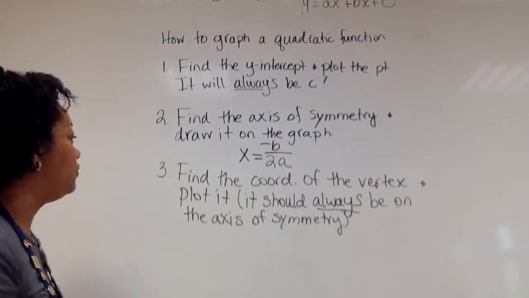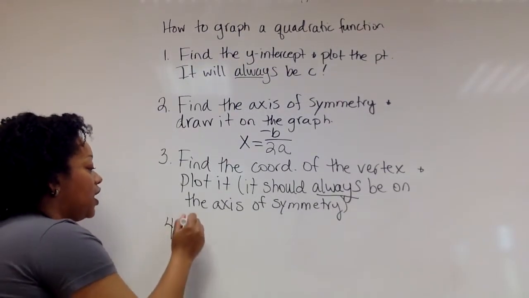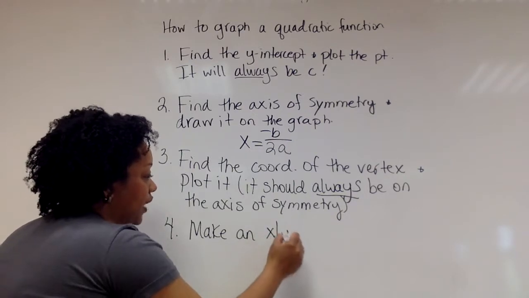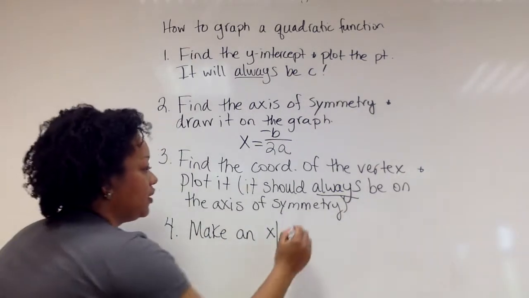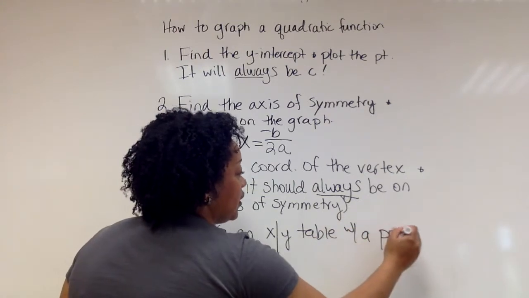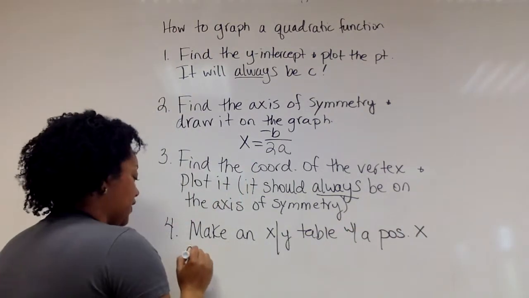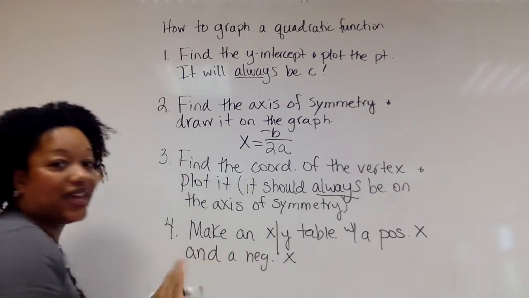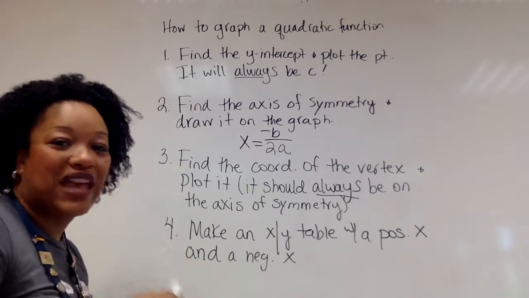Here's step 4, last step. You're going to make an XY table. And this is going to be a really short one with a positive x and a negative x. Now, you're not going to get that fancy shortcut where they're the same number.